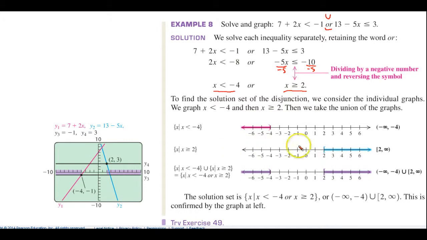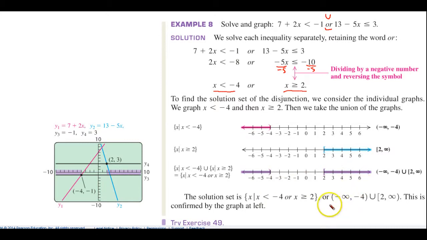You have a disjunction. When you put them on the same graph, that indicates your union. And it doesn't matter that they're overlapping or anything. And there is your graph of that.